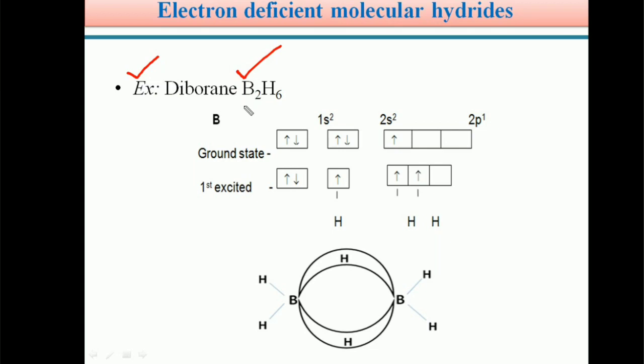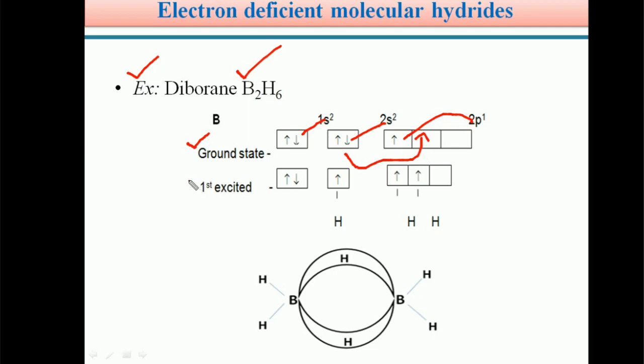In the case of diborane, the ground state electronic configuration of boron is 1s2, 2s2, 2px1, with 2py0 and 2pz0. In the first excited state, one electron from the 2s orbital jumps to the 2py orbital.